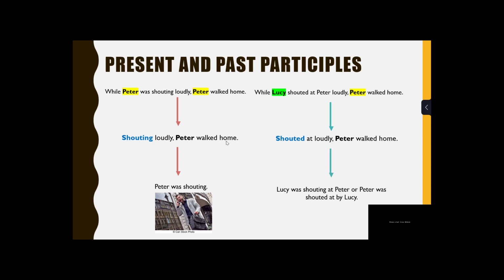Lucy was shouting at Peter, or Peter was shouted at by Lucy. Okay, so it makes this sentence shorter. And we don't have to repeat the subject and repeat again the subject and sometimes the same verb.